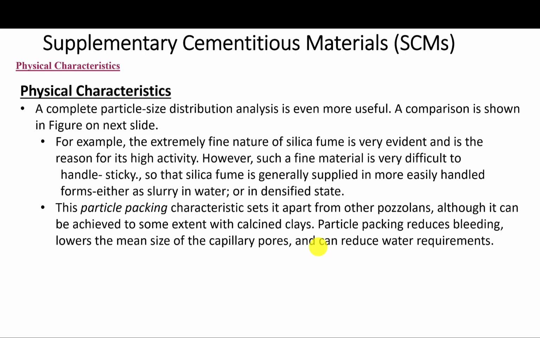With this combination of the silica fume and the water reducing agent, a water cementitious material ratio as low as 0.25 can be achieved while maintaining good flowability. Of course, the benefit to the concrete durability is superb. Okay.